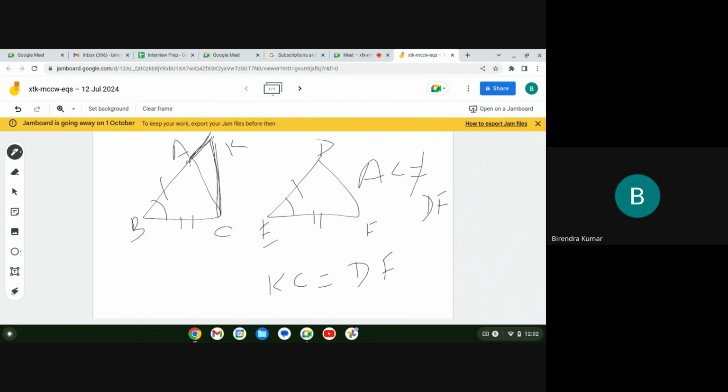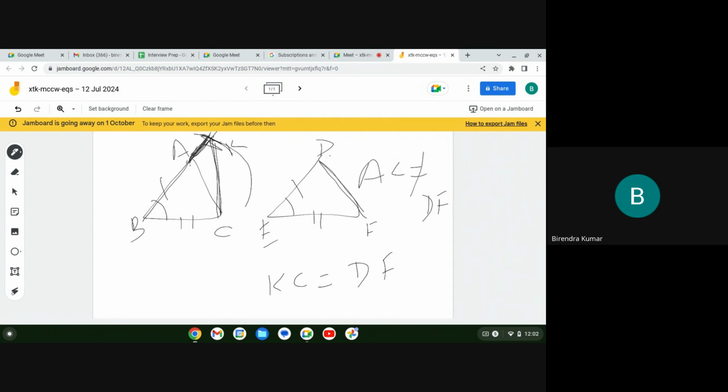And maybe we thought that AC is smaller than DF. That's how they are not the same. So I extended this line AB and took the length DF, this length, and then made a circle.